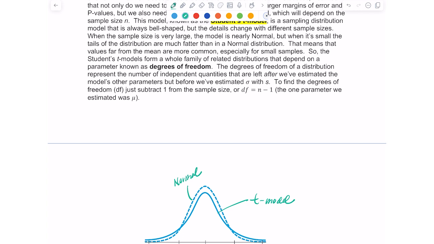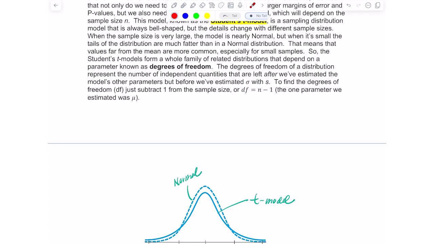That means that values far from the mean are more common, especially for small samples. Which makes sense, right? Because all of this under here represents the area of the probability. So the further out you are, the more common the values are for the t-model.